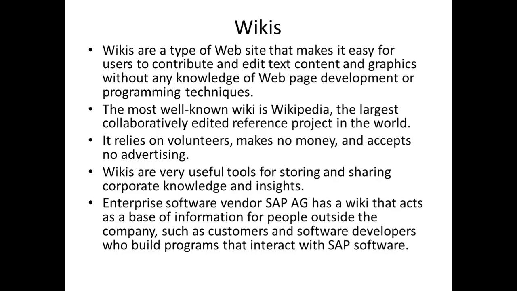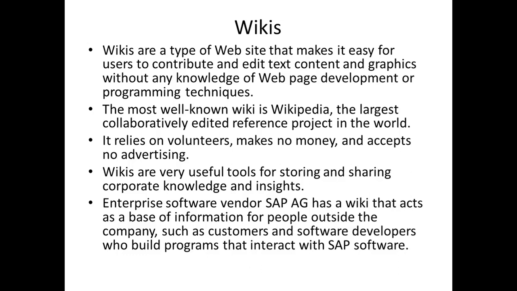It relies on volunteers, makes no money and accepts no advertising. Wikis are a very useful tool for storing and sharing corporate knowledge and insights. Many times, if you search for something, Wikipedia gives us the information, or there are various opinions regarding the same. So it is very useful for learning new things.